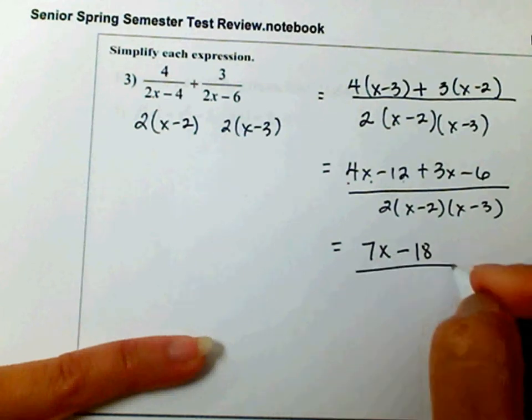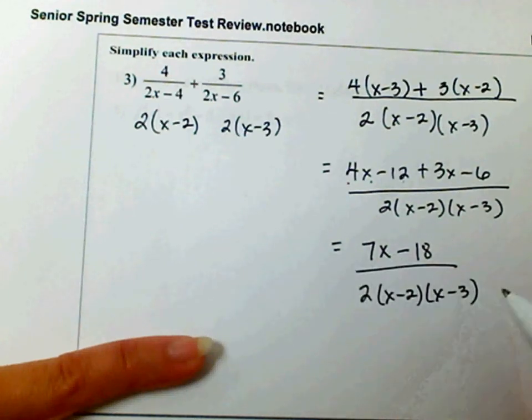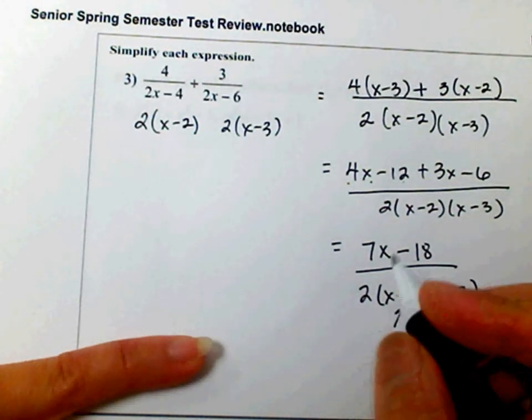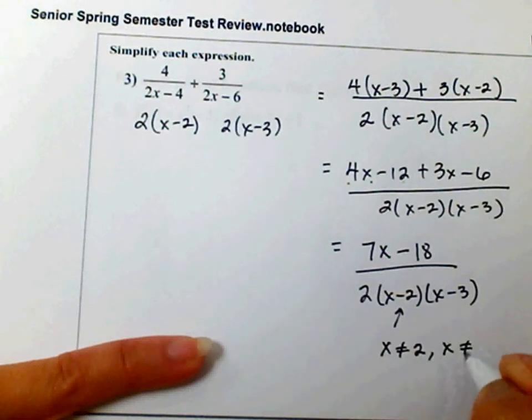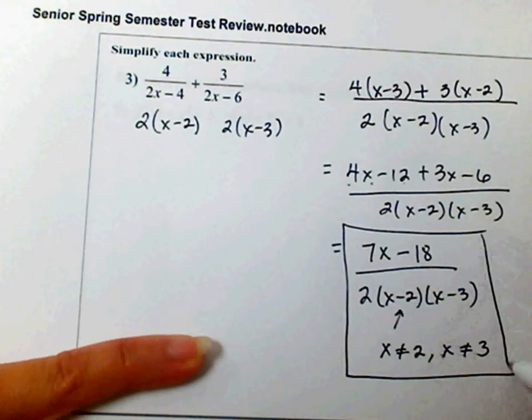All of that over 2 times x minus 2 times x minus 3. Is there any common denominator? I do not see any, so that will be your final solution. However, set that equal to 0, so x cannot be 2 and x cannot be 3. Don't forget your undefined.